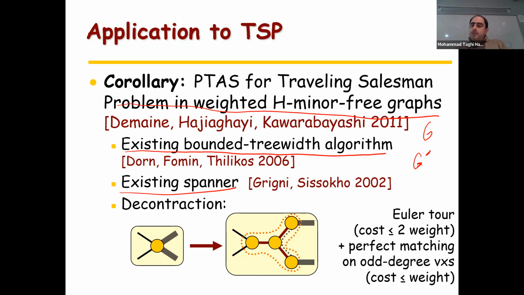The weight of the edges of G prime is at most some constant times opt. And also it contains a 1 plus epsilon approximate solution.